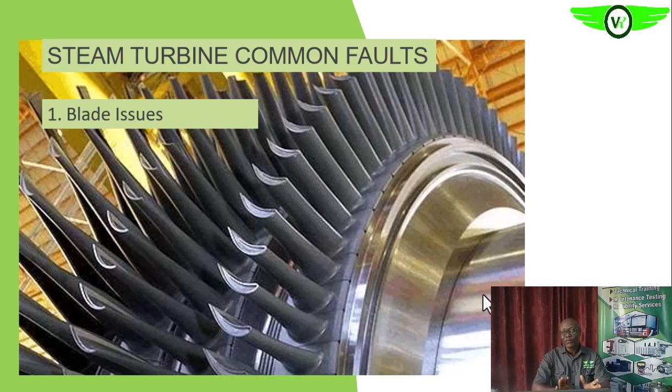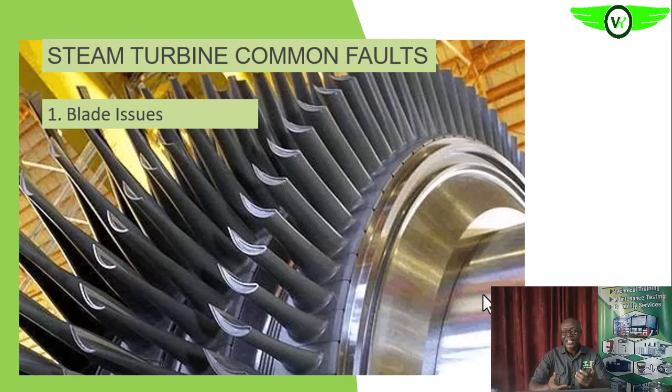We all know the function of the blade. We know that the blade is responsible for the main function of the steam turbine, that is to convert the kinetic energy that is contained in the steam into rotating mechanical energy. It is the blade that receives the steam, that receives that kinetic energy.